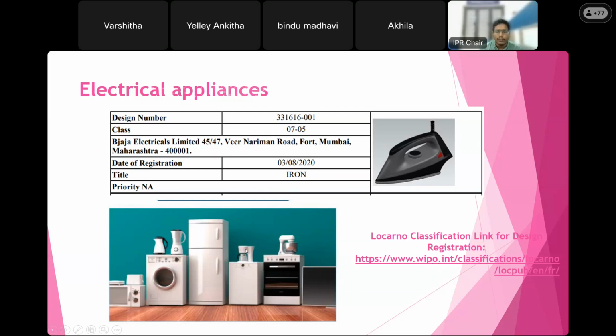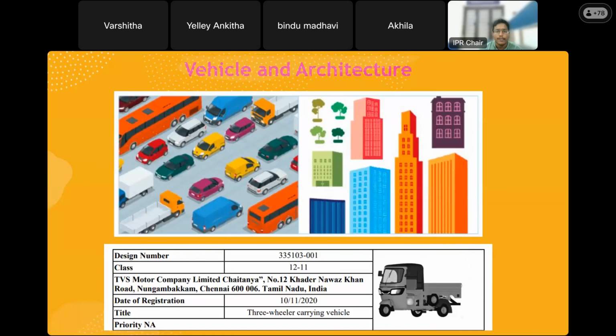You can protect design features through industrial design registration. So it is applicable even for this. For example, see for automobiles also, this is the design number and class 12 and 11 is the subclass, date of registration.